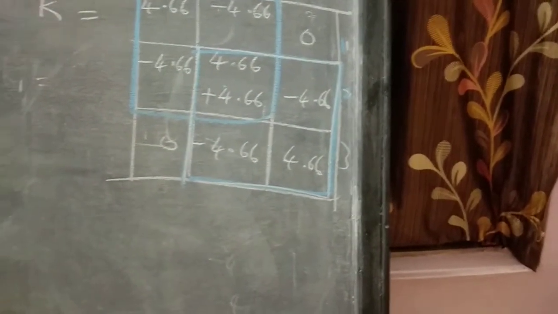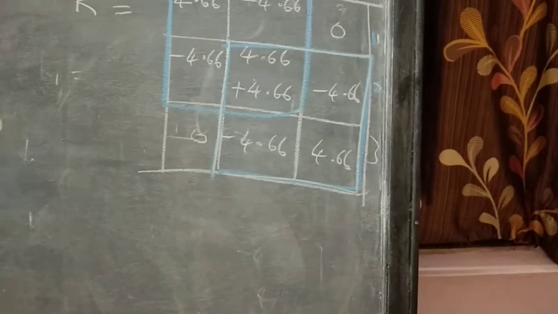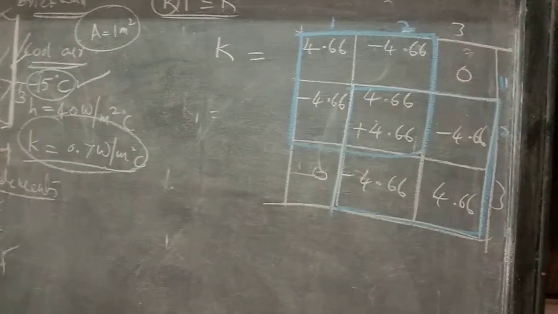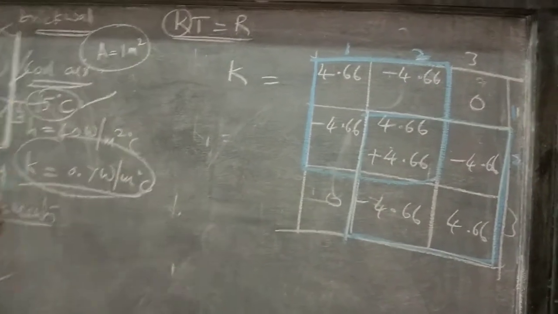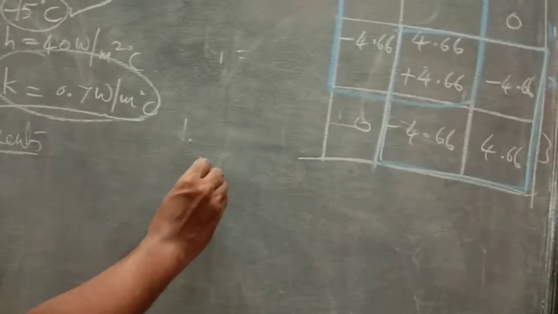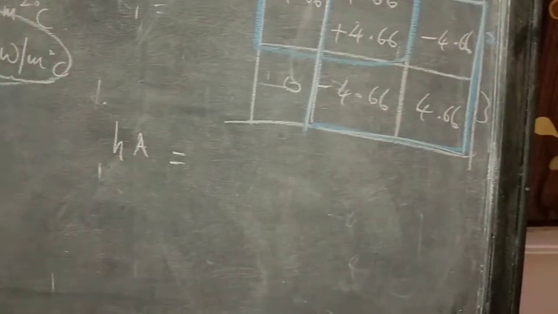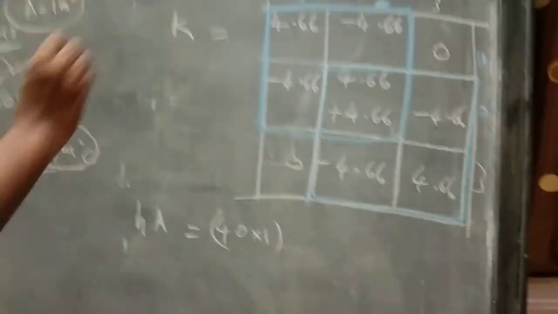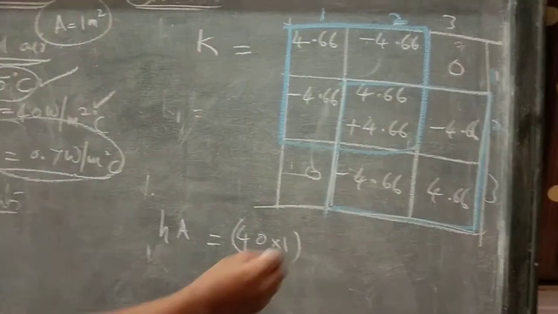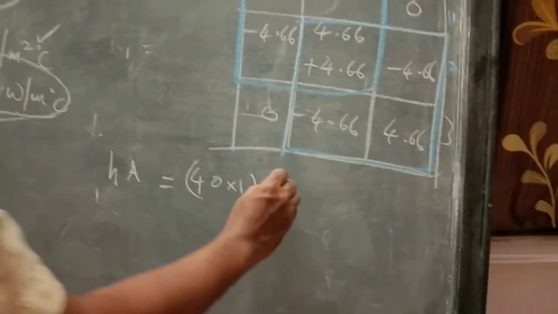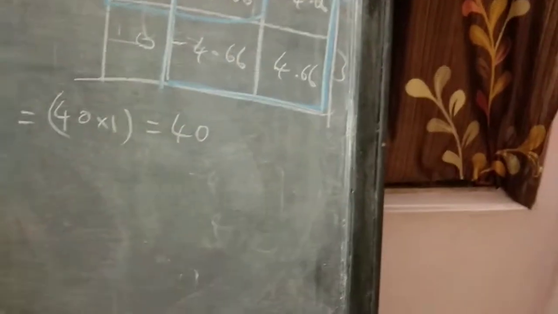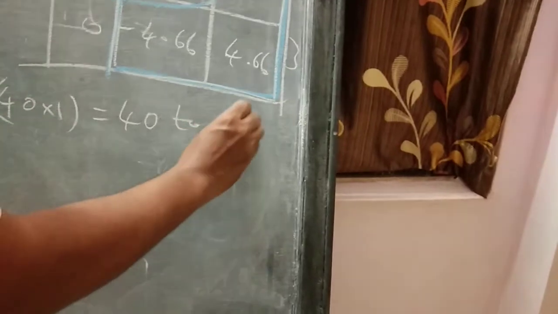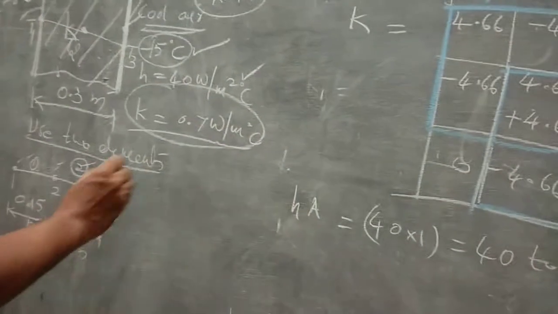Now the convection has to be added. Since the convection occurs on the right side surface, that is at node 3, add the value of HA. HA is 40 into 1, where 40 is the H value in W per meter square degree Celsius, and 1 is the area. Add this HA value of 40 to the K33 term, since it occurs at node 3.